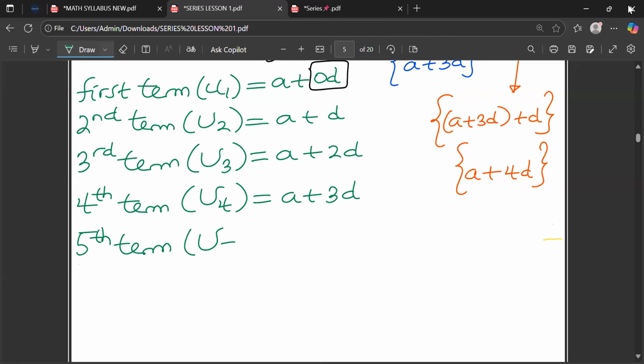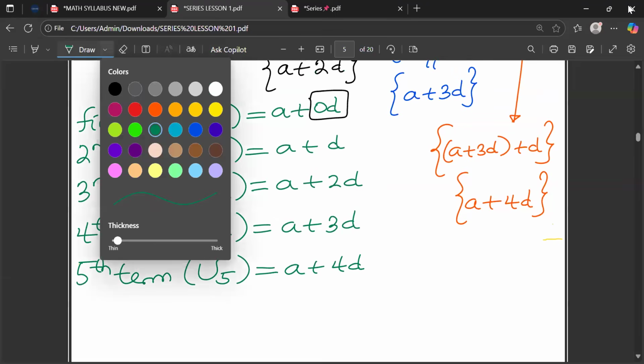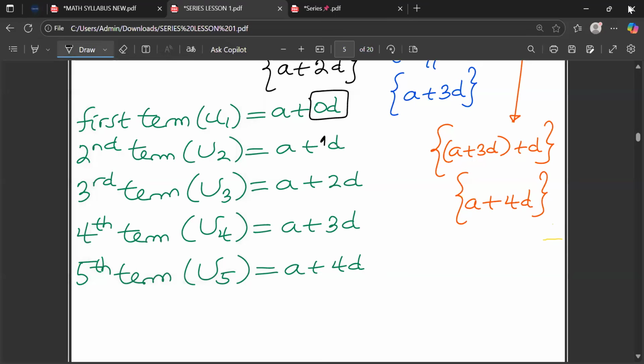Fifth term, this is like a summary. So may I know you people are aware that D is the same as 1D. Yeah, it's the same as 1D.